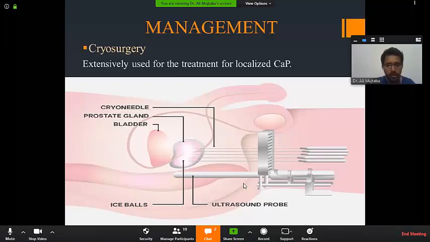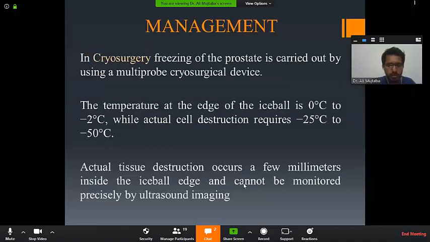In cryosurgery, freezing of the prostate is carried out using a multi-probe device. The temperature at the end of the probe is 0 degrees Celsius to minus 2 degrees Celsius, while actual cell destruction requires minus 25 degrees Celsius or lower. Destruction occurs up to 2 millimeters inside the frozen edge and cannot be measured by ultrasound imaging.